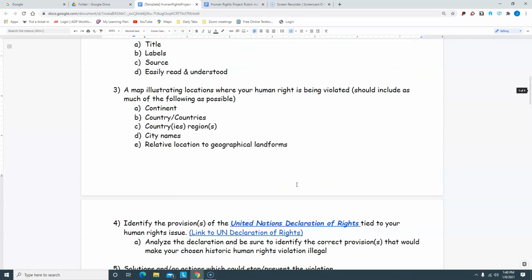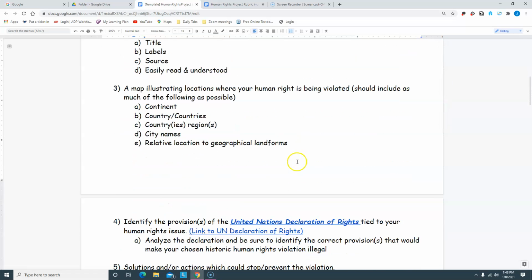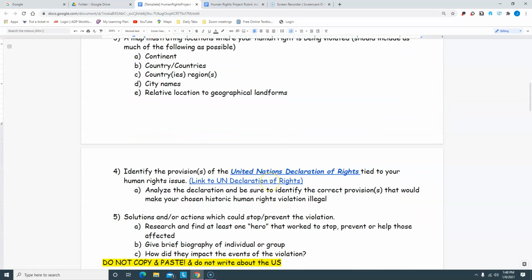So if you're trying to think about how politics, economics, international law, war crimes, and human rights crimes were affected as a result of the Holocaust, the UN Declaration of Rights is one of those answers. You're going to click on this link, and you're going to do your research.